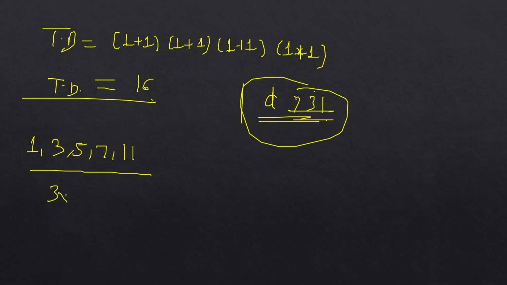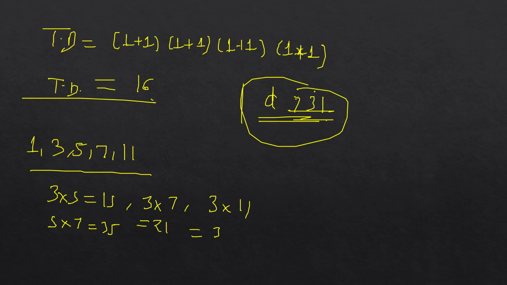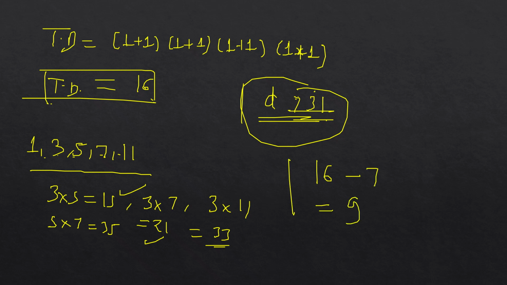Next we will find 3 cross 5, 15, 5 cross 7, 3 cross 7, 3 cross 11, 21, 33. But we will find those which are less than 31 and then subtract from 16 to get our answer. So 1, 2, 3, 4, 5, 6, 7, only 7. So 16 minus 7, we will get 9 as our answer.